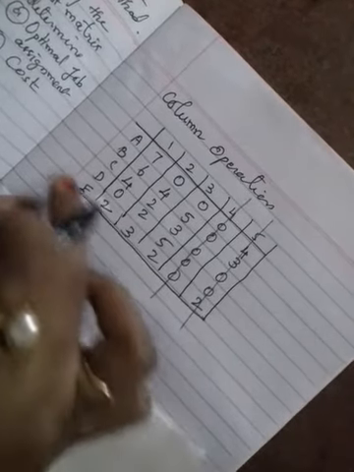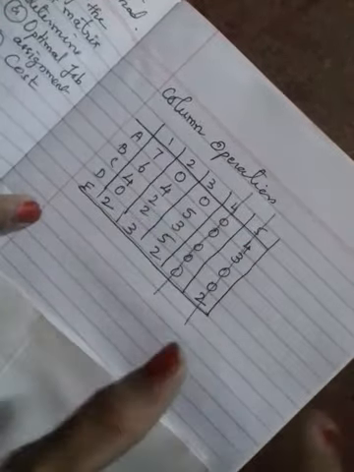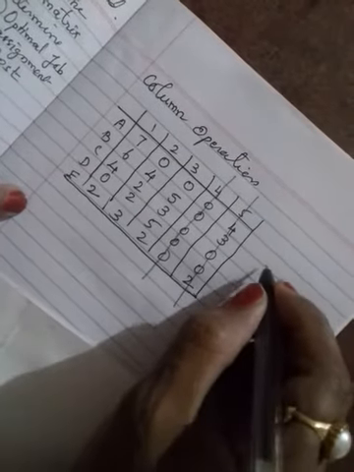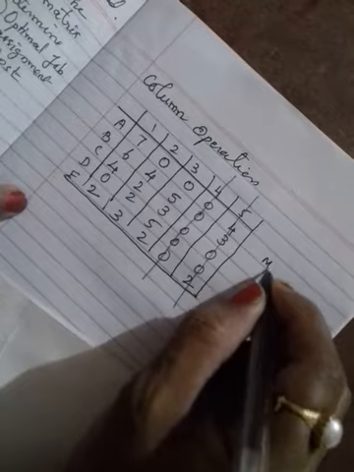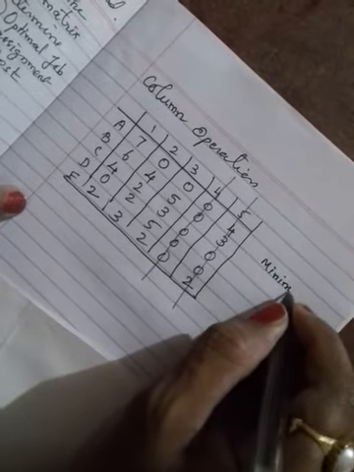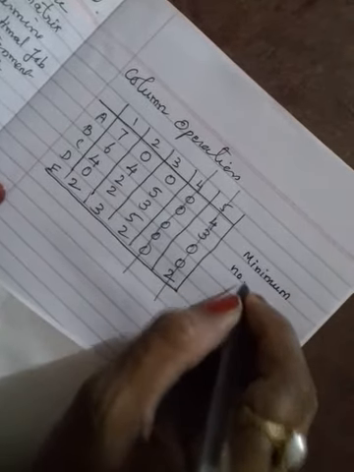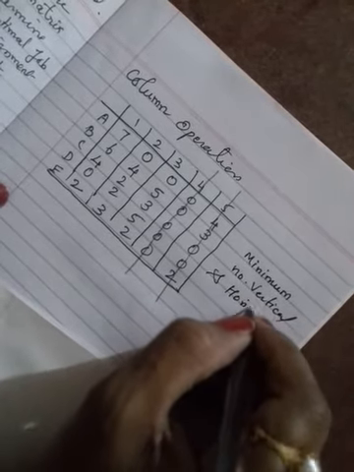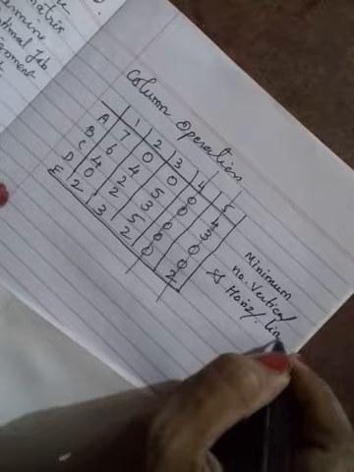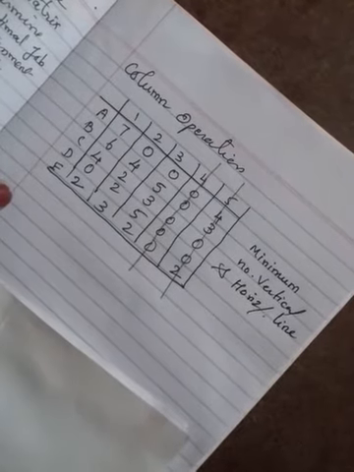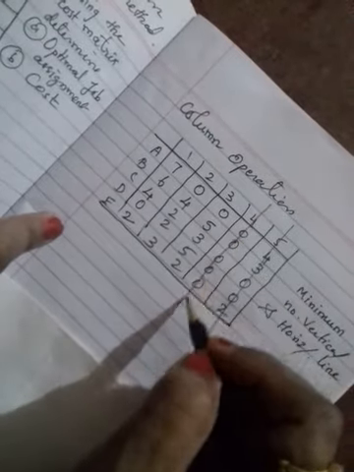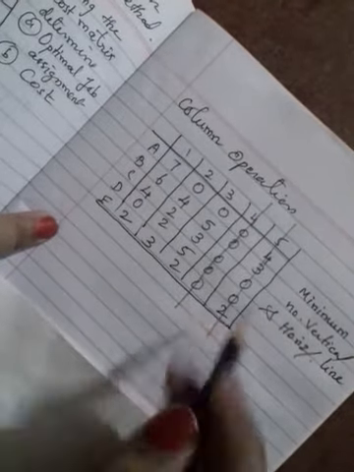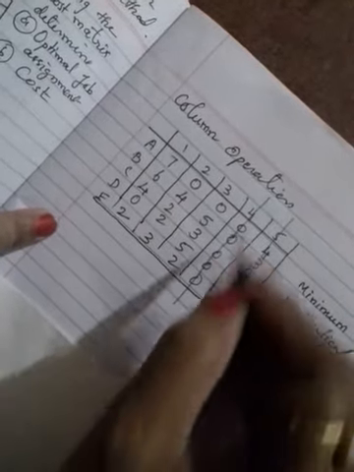Maximum is also possible. If you put lines everything horizontally, you will get the maximum number of lines. But you have to draw in such a way that you use the minimum number of vertical and horizontal lines.